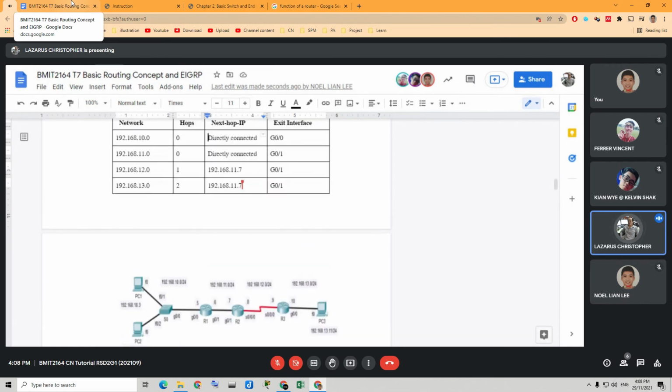The hops are 0, 1, 2: 2 hops away to this network, 1 hop to this network, and directly connected to this and this. So now it's all correct.